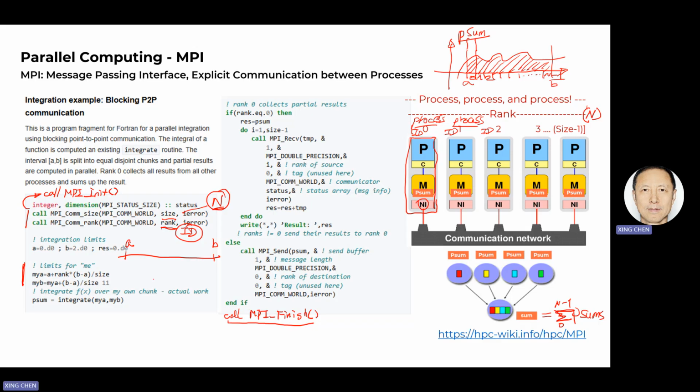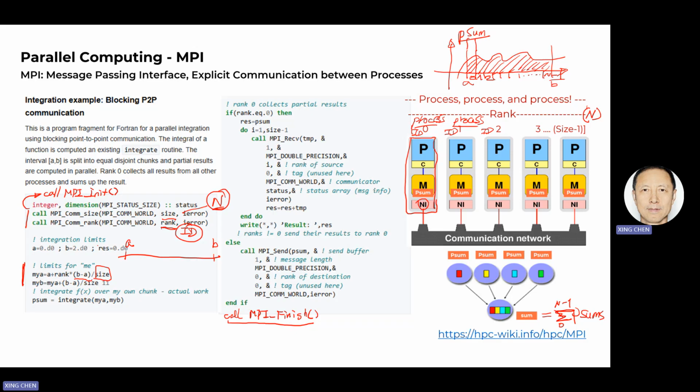Okay, and then because we know this is the total quantity of MPI processes, and the total workload is B minus A, we divide the total workload by the total quantity of MPI processes. We know the workload of each MPI process.